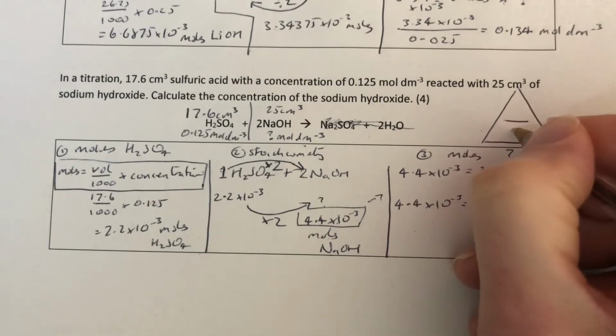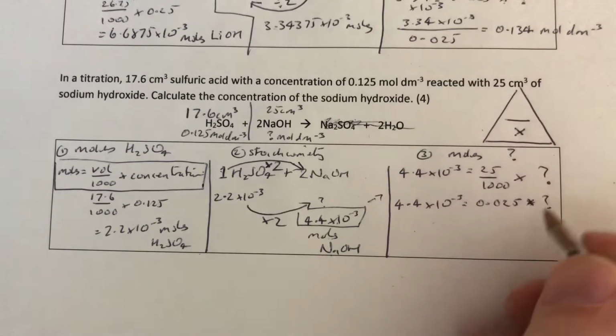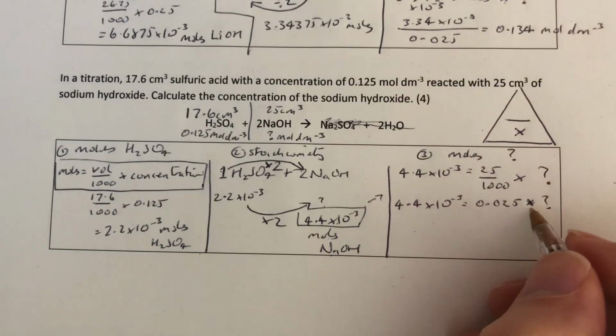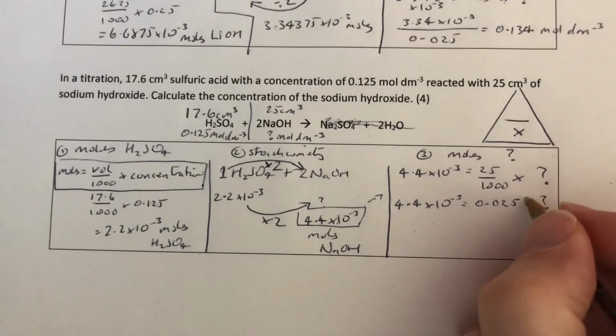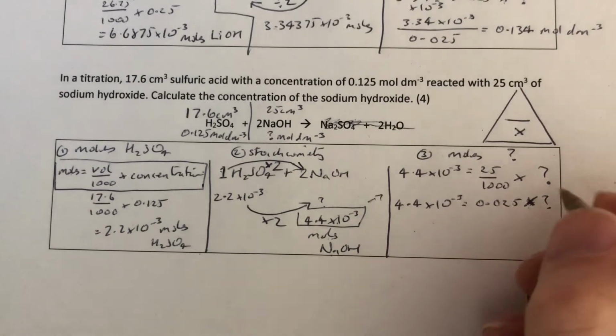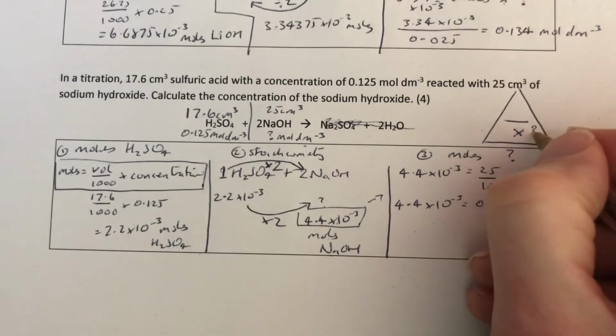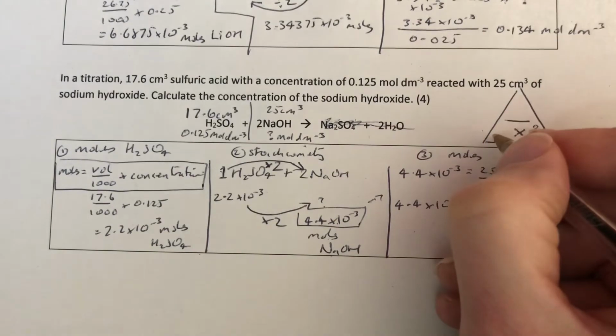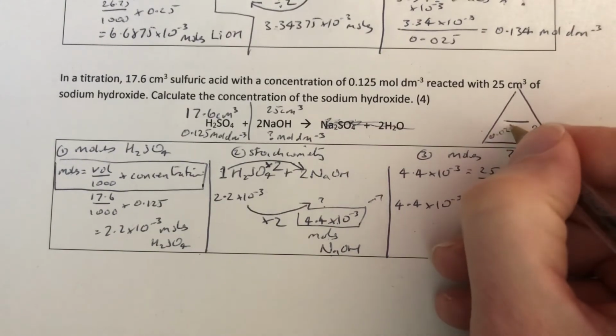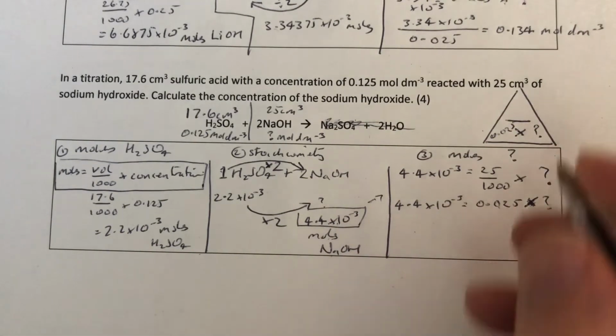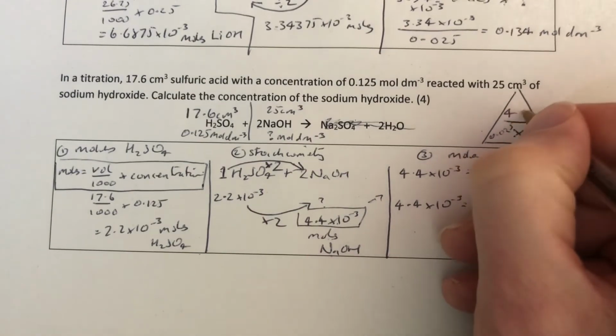Formula triangles always have a divide there and a multiply there. And all you have to ask yourself is, what mathematical symbol do we have in this formula here? And the answer is a multiply. So on the right hand side of the multiplier is a question mark, so let's put that there. On the left hand side is 0.025, let's put that there. Which means 4.4 times 10 to the minus 3 has to go into the only space that's left, which is the top.